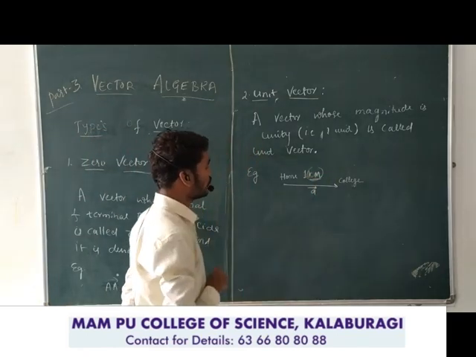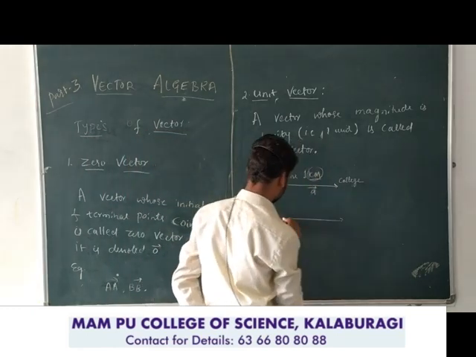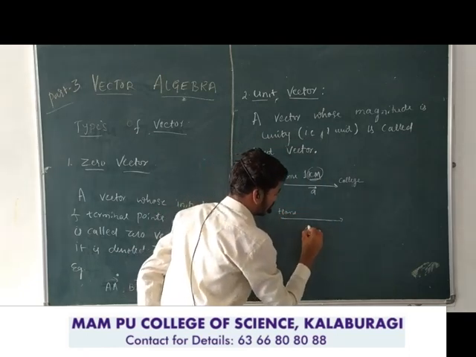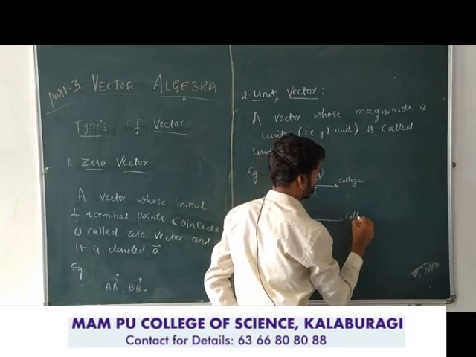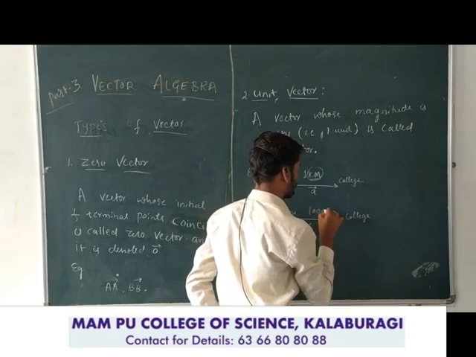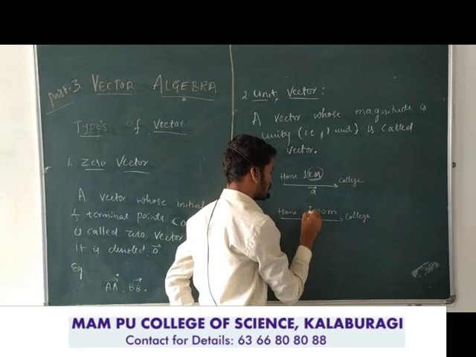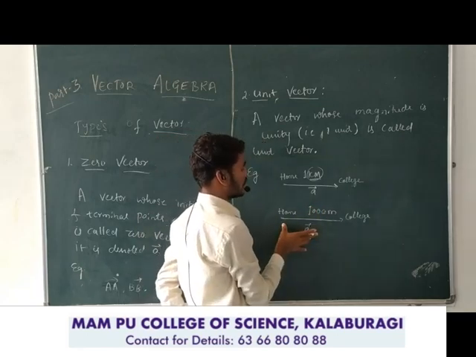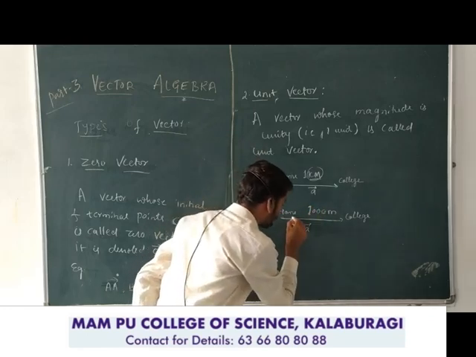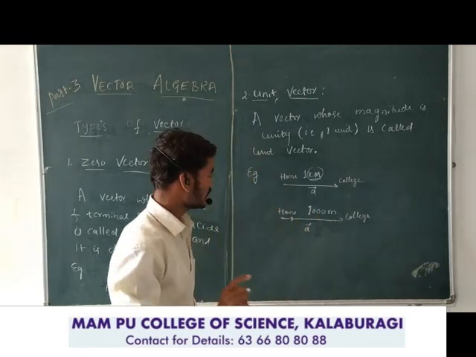And one more example: similarly, I can take the same home, a vector, here college. Here I will take 1000 meters. The total distance is 1000 meters. In that, 1 meter is 1 unit.